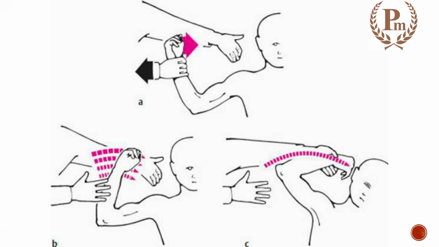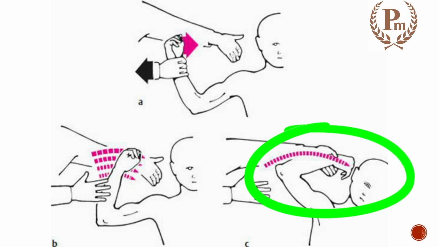Suddenly, if this person leaves his hand, what will happen? This hand is going to rebound like this, right? Go back. Suddenly there will be a movement. And if this is his face, it may strike his face. Had there been no control of the cerebellum, he would have rebounded and slapped himself.